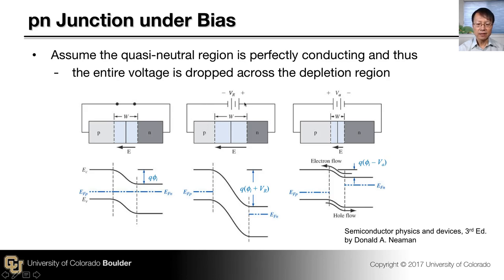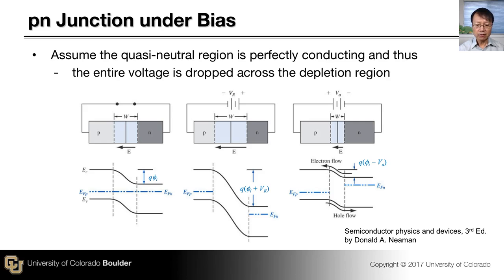So that produces a greater electric field at the junction. It adds to the built-in electric field, and that means that the energy band bending across the junction becomes even larger. So in this case, the carrier motion due to electric field prevails over diffusion.